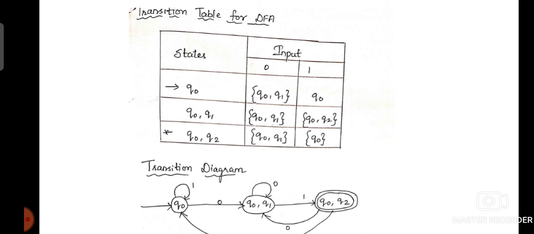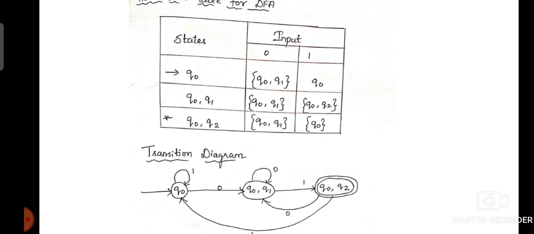And from the table, we have to draw the transition diagram. When we draw the vertices for the states, whenever necessary, we have to put the combination of states in a single circle. That is, our set of states are Q0, Q0 Q1, Q0 Q2. We have to draw in this manner.